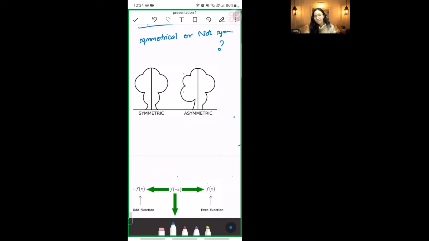If we divide one of the trees in half with a line, and the first side is exactly proportional to the second side of the tree, then we call it symmetrical. But if the two sides are not proportional, then it is not symmetrical.